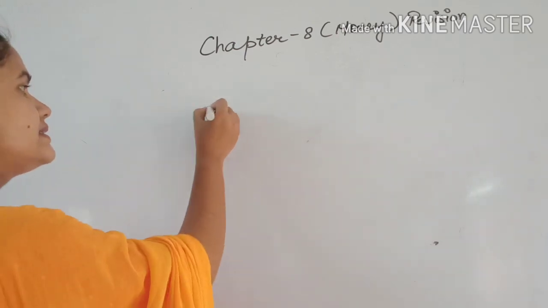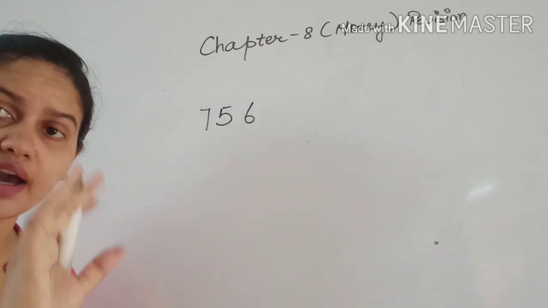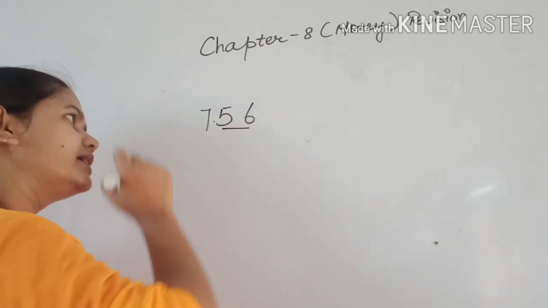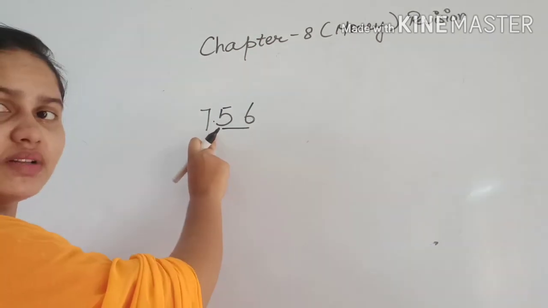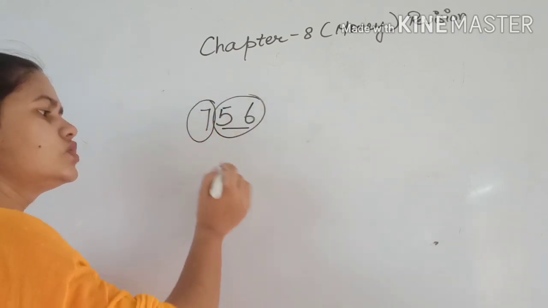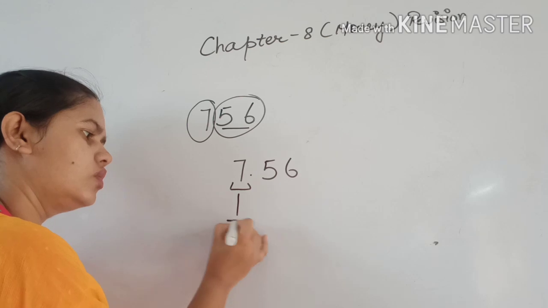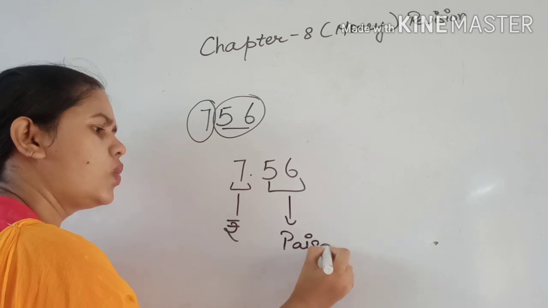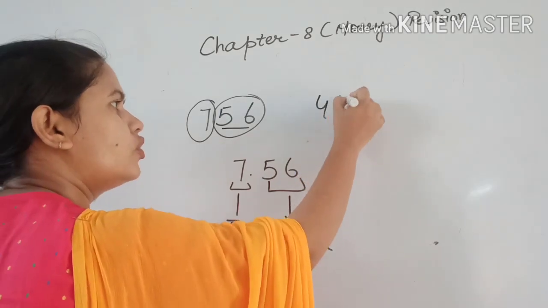As here is written 756, for simple, what we have to do is take 2 digits and put a point before them, which means a decimal, where we can differentiate between rupee and paisa. So here is 7.56, this part is our rupee and this part is paisa.